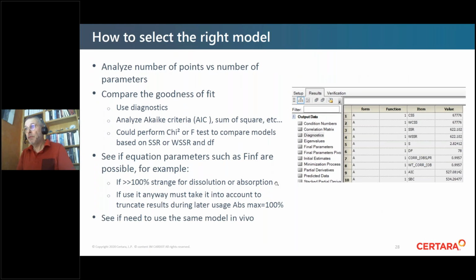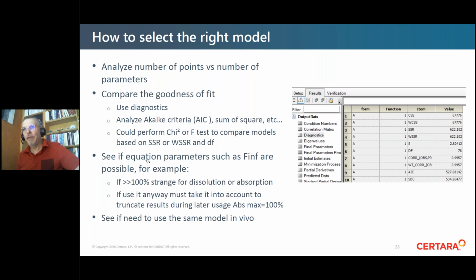I can do it because I have a diagnostic panel in the modeling. In this diagnostic panel, I have a lot of criteria to help me decide what is going to be the good fit. I can use either something like an Akaike criterion, or I can use a chi-square or F-test, which is going to be based, in this case, on the residual sum of squares, weighted or unweighted, the degrees of freedom, and my number of parameters.